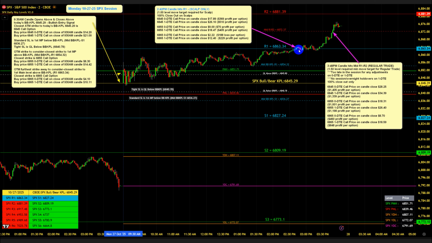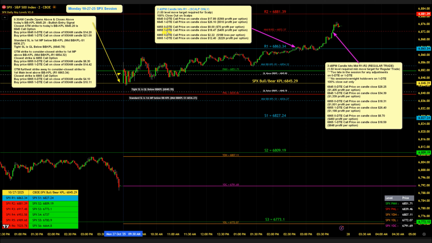So as you can see here, even though we got our R1 scalp target, because it's happening so late in the session, we're not really making hardly anything here. Whereas if this occurred in the morning part of the session, then we'd be making a pretty decent profit. But because it's happening so late and this is a 0 DTE option, then we're hardly making anything.